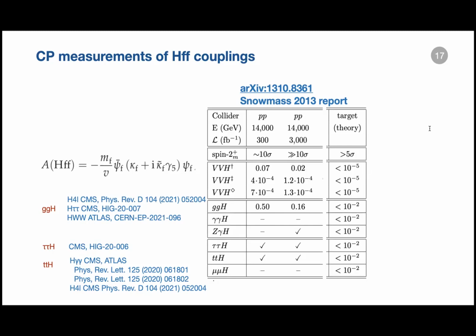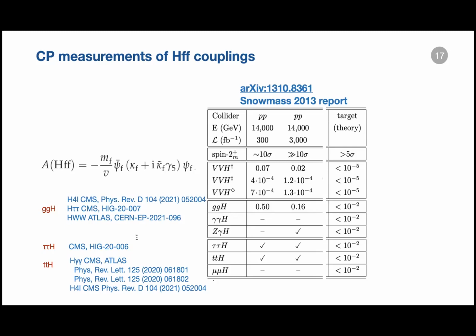And there have been a lot of studies on Higgs fermion CP. And if you look at the dates of the publications, you see that they are very new. This is because the fermion couplings are harder to see, so many of the processes or final states were observed very recently, like the ttH production mode, which was only observed around 2017.